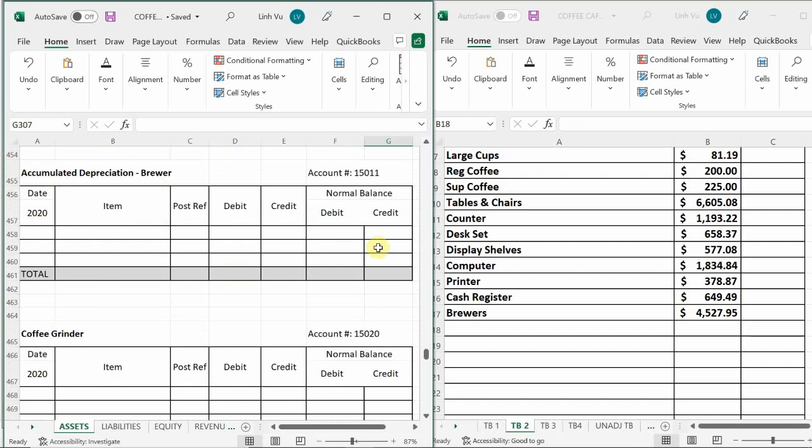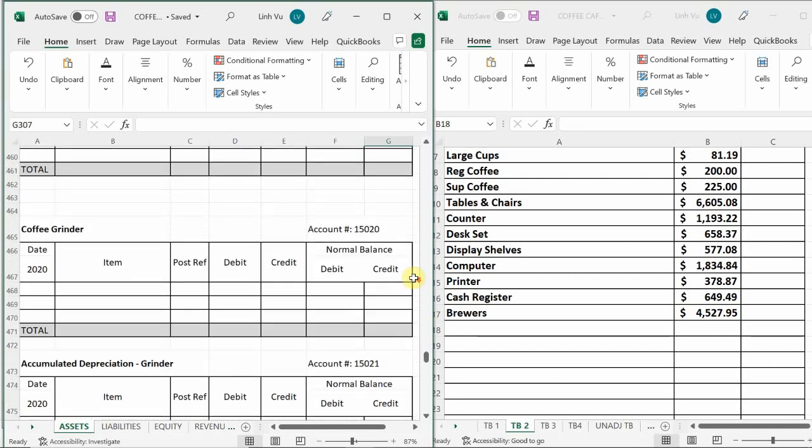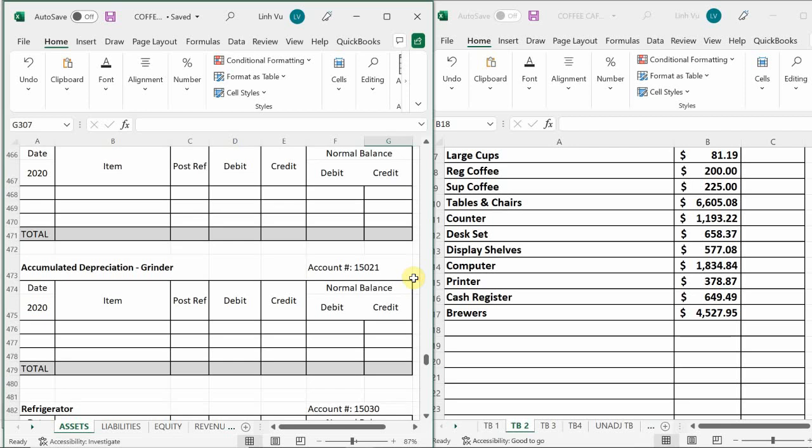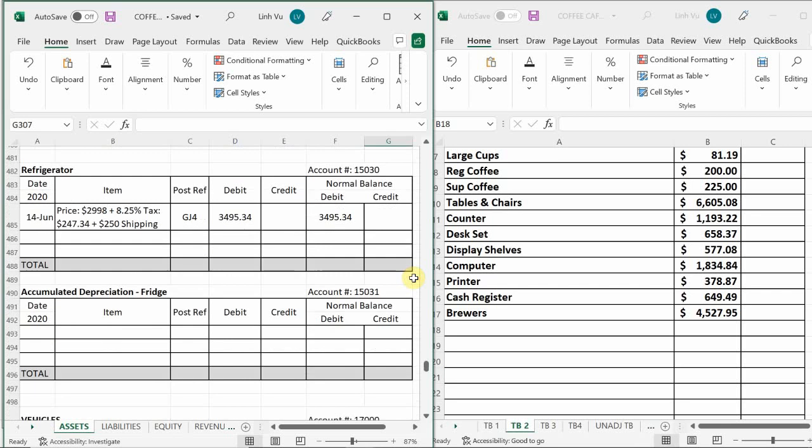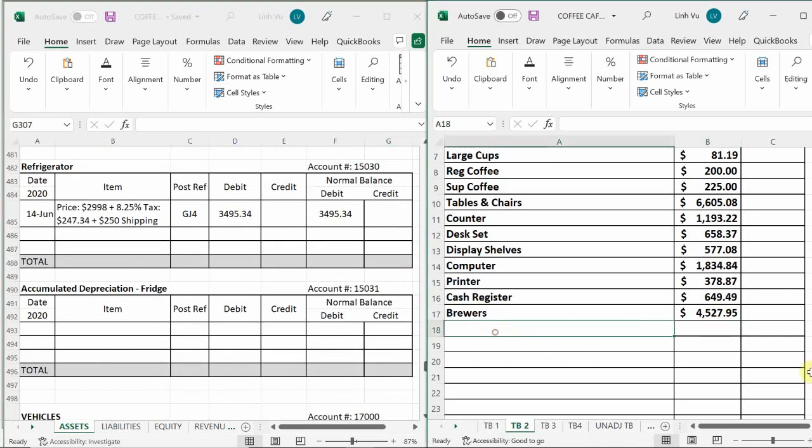No coffee grinder yet. We still have to finish it off. Okay. But we bought a refrigerator for $3,495.34. Okay.